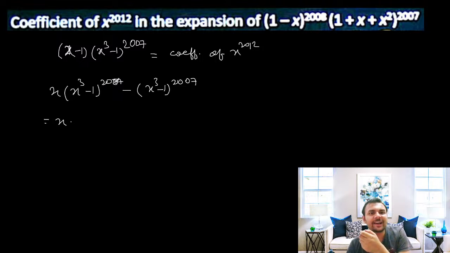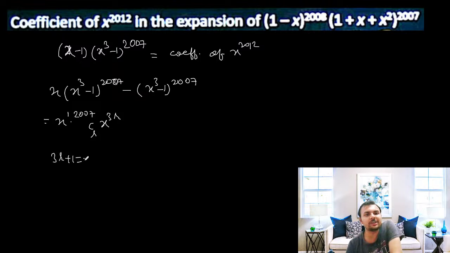Now if you try to find any value, it is 2007 C r x to the power 3r. So 3r plus 1 should be 2012. So r will not come out to be an integer. That means this coefficient is 0.